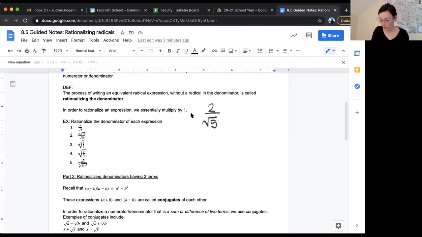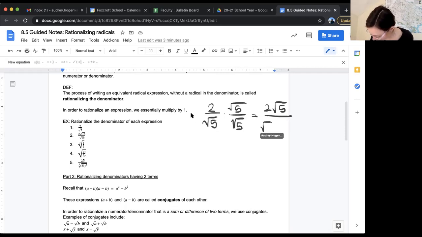So we have 2 over square root of 5. And in order to rationalize, but not actually change our expression, we're going to multiply by square root of 5 over square root of 5. Okay, and then we know that our numerator is going to be 2 times the square root of 5, and our denominator is going to be the square root of 5 times the square root of 5, and we can use our product rule for radicals right there.